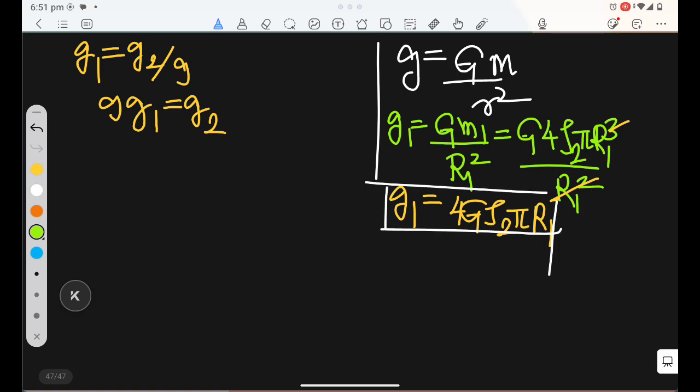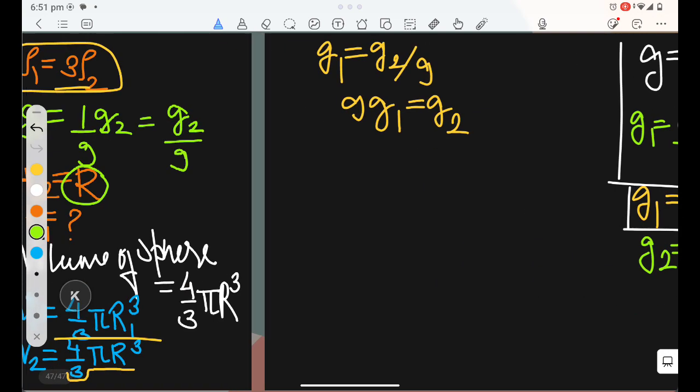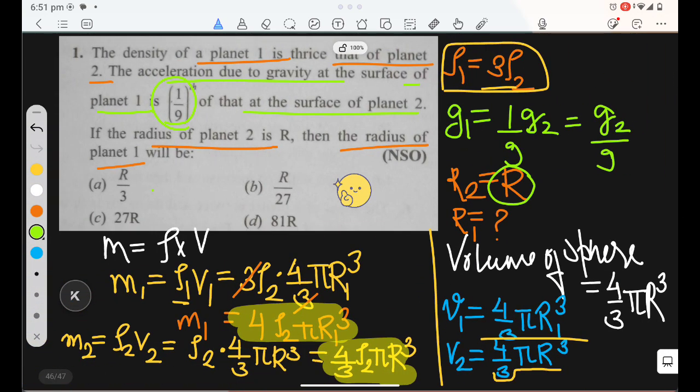Now for g2, the same formula G m2 by r square, since r2 is r only. What is m2? m2 is 4 by 3 rho 2 pi r cube.